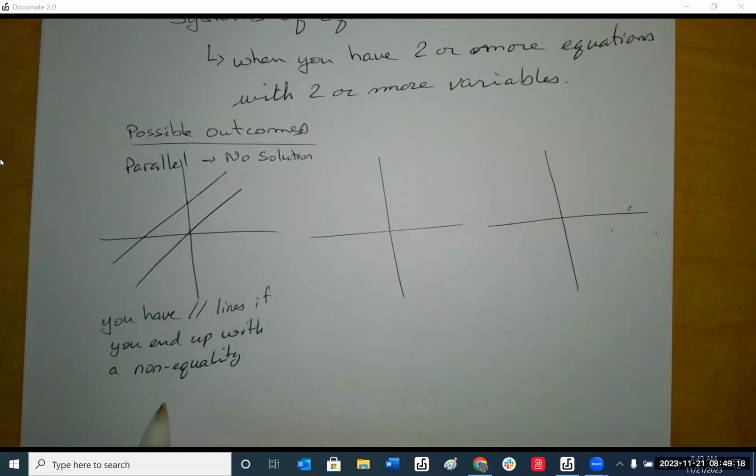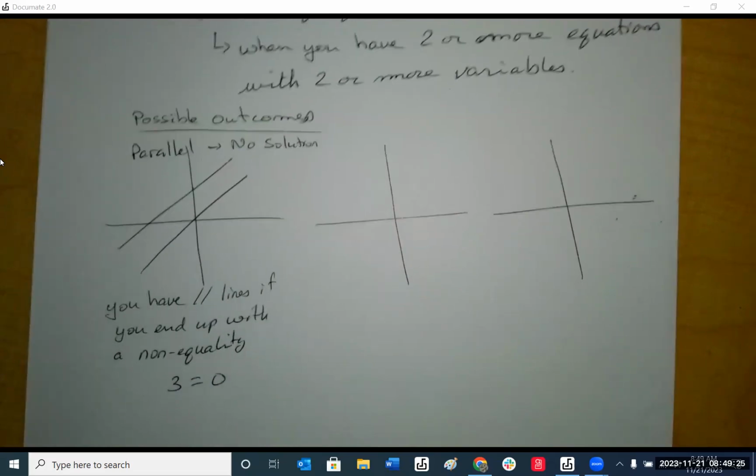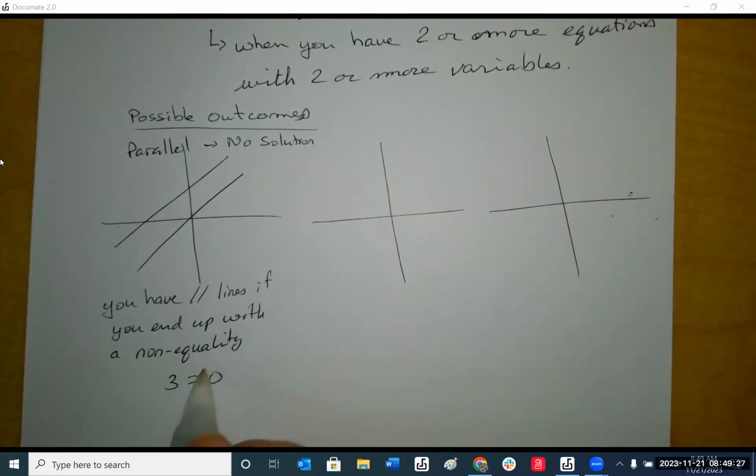In other words, if you end up with something like 3 equals 0, after we solve for everything and we come up with 3 equals 0. Since that doesn't equal, then we know they're parallel.